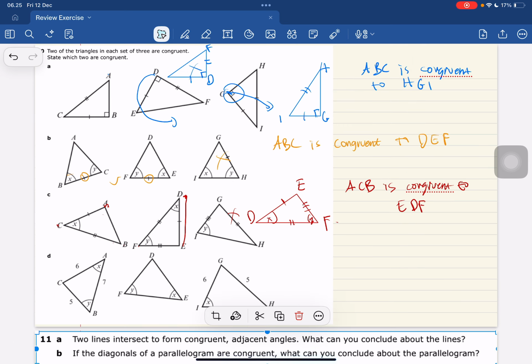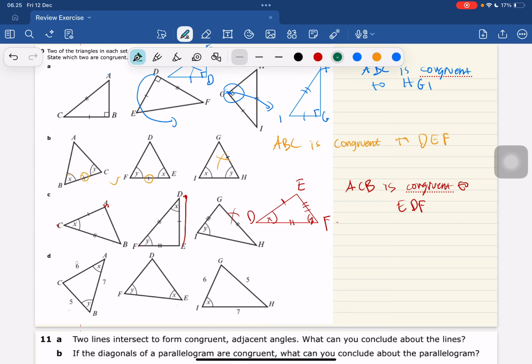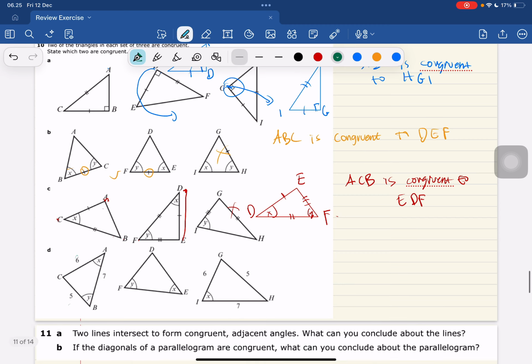Okay, we got number 5, 6. Let's check it. Look there, starting with C, CA, B, 6, 7, 8. Is it congruent with G, A? Yes, it is.